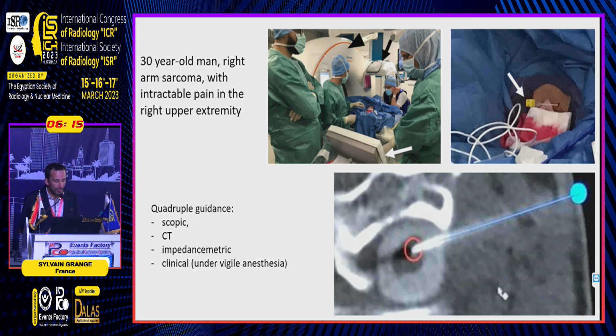So the guidance is quadruple by scopic, CT, impedance metric, and clinical, because the procedure is performed under vigil anesthesia. So after a micro CT, we put the 20G needle inside the spinal cord at the cervical level, at C2. And after a clinical test, we heat during 1 minute.